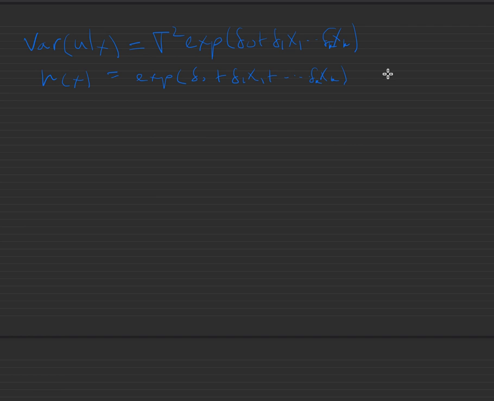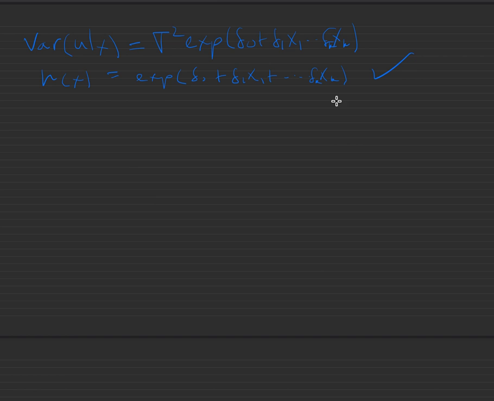We use this functional form, the exponential function, because it ensures that the fitted value h hat and the variance will be positive, because variance is a positive number.